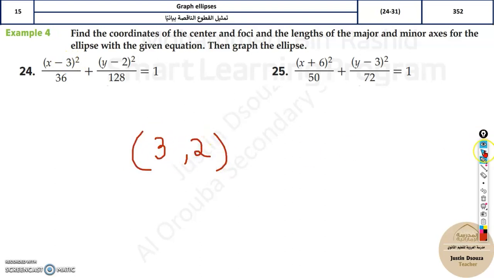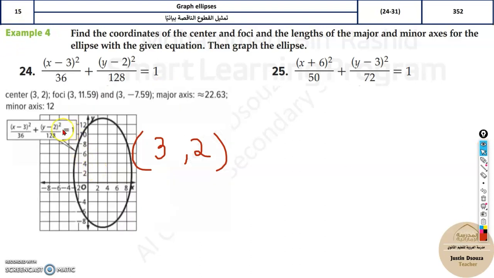So the center is obtained easily. Since it is the 15th problem, you have MCQs in this, and you will have many options. Once you get the center, it's much easier. See, 1, 2, 3 and 1, 2. So this particular graph has the center over here. If a graph was over here, it's wrong, or down, wrong. You can easily eliminate the wrong options because you need to graph them, right?